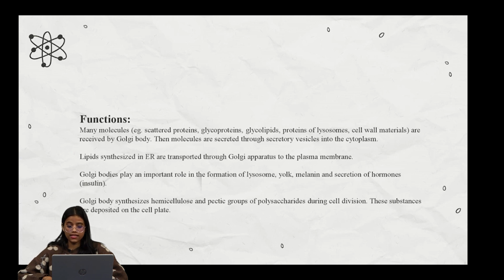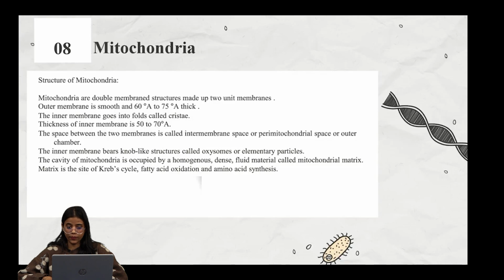Lipids synthesized in the ER are transported through the Golgi apparatus to the plasma membrane, and Golgi bodies play an important role in the formation of lysosomes, yolk, melanin, and secretion of hormones. The Golgi body synthesizes hemicellulose and pectin groups of polysaccharides during cell division. These substances are deposited on the cell plate.